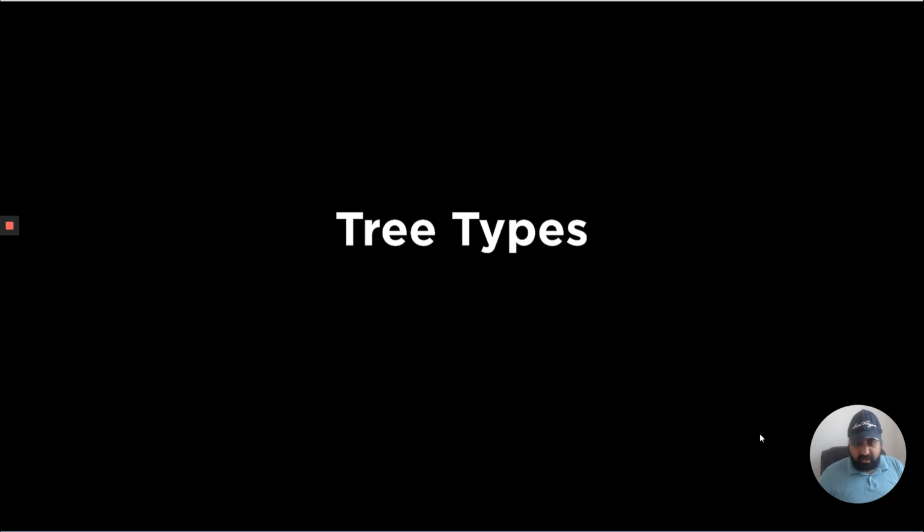So what is the key distinction between these trees? Basically they have different structures, and they have different properties, which is they maintain certain properties which are helpful for certain operations.